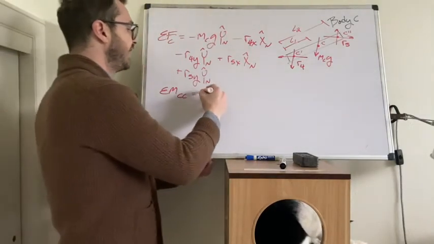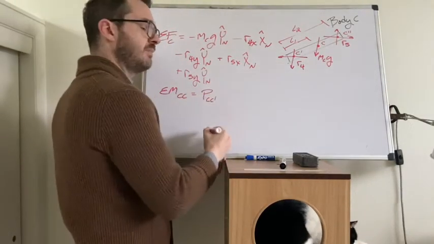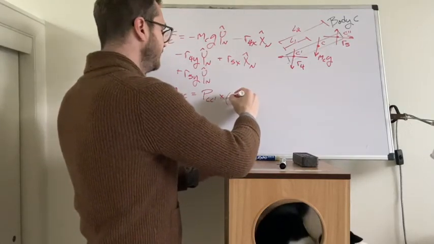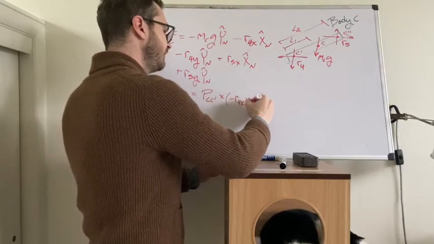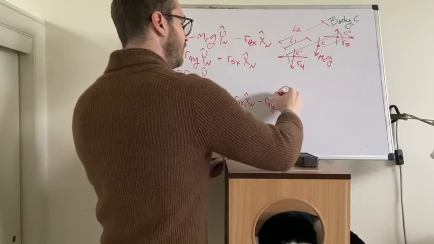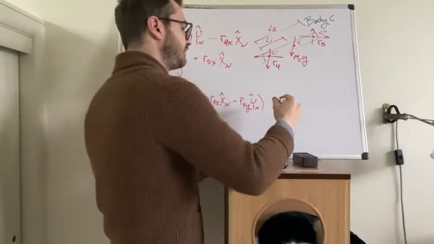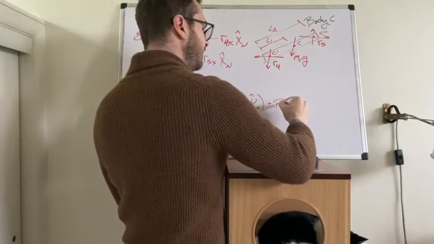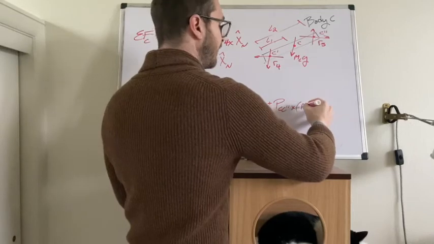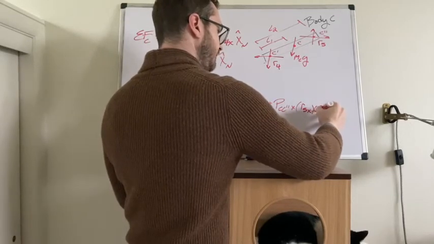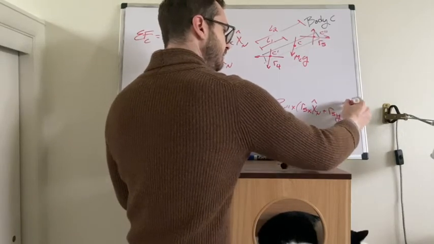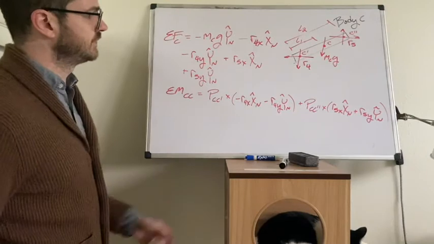We need the position vector from C to C prime, cross, minus R4X, XN, minus R4Y, YN, and then the other one, position vector from C to C double prime, cross, and this is now R5X in the X and R5Y in the Y. Good.